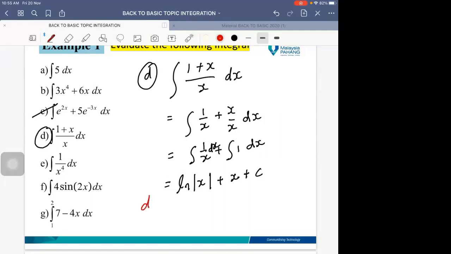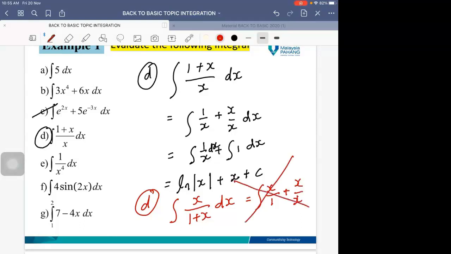For example, if you have integrate x over 1 plus x dx, what students always do is separate the denominator, and they integrate x over 1 plus x over x. Student, this is totally wrong.